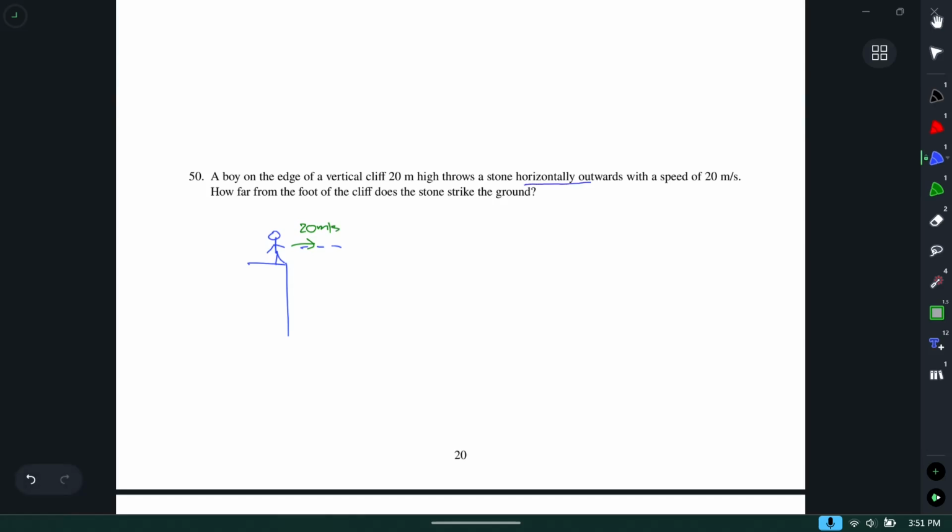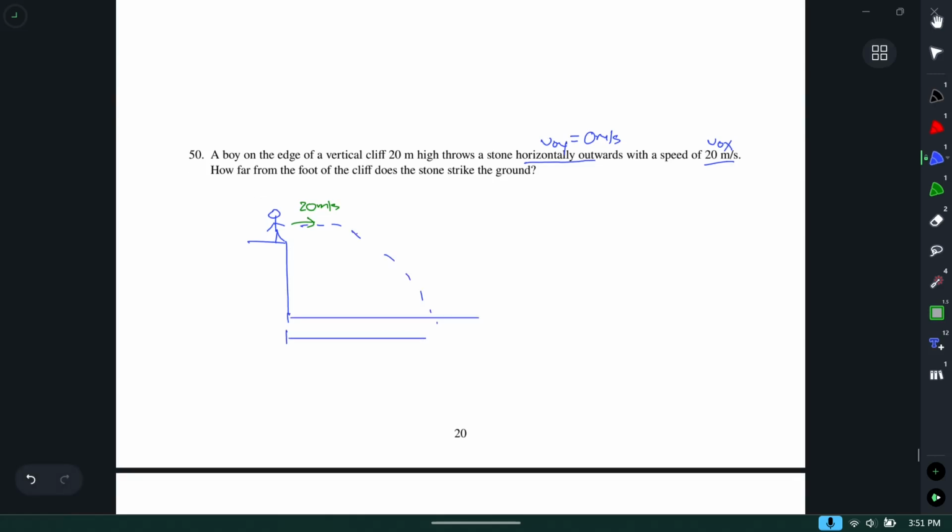The fact that it's horizontal still tells me it had no initial vertical velocity, and this is my initial horizontal velocity. How far from the foot of the cliff does the stone strike the ground? And this was 20 meters. So I want to know this x value, horizontal distance.